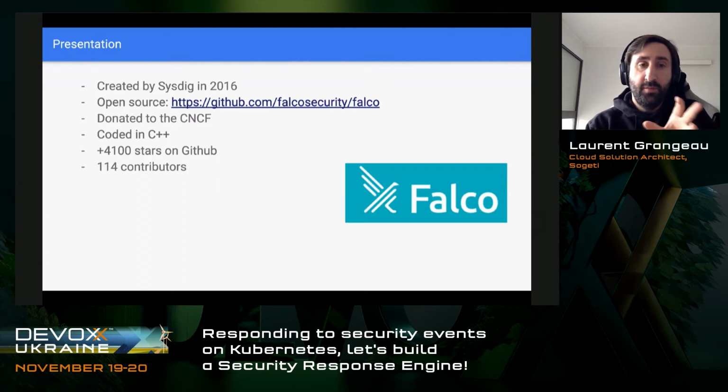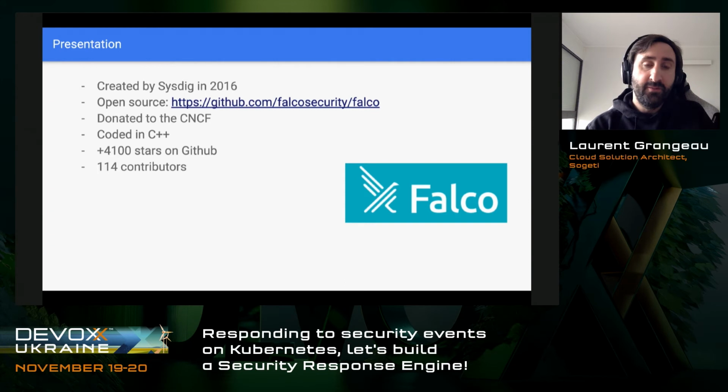Falco is an open source project created by Sysdig in 2016. It's open source, so you can go to github.com/falcosecurity/falco to contribute and to see how Falco is being deployed and how Falco runs, and how we can have some updates around that. It was donated to the CNCF around 2019, I think, and it's been incubated in the CNCF as of now.